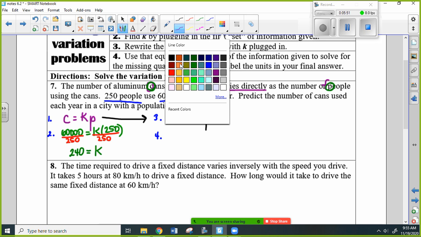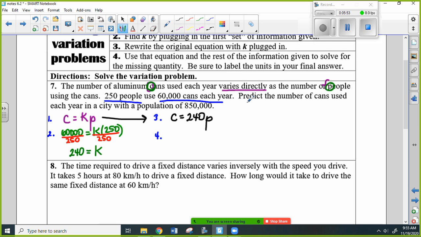Let me get a different color here. All right, predict the number of cans used each year in a city with a population of 850,000. So it's basically asking me to find the number of cans when I know a new population.